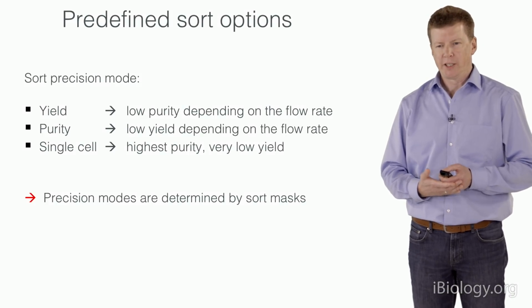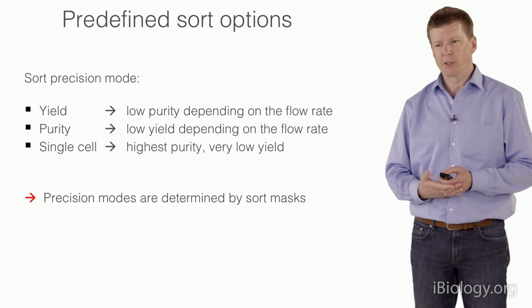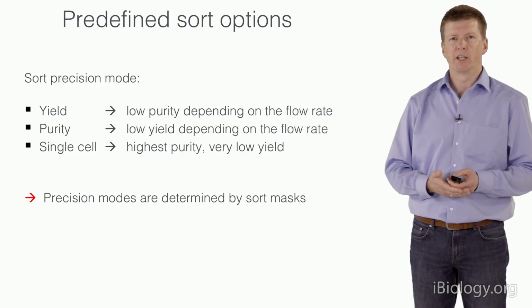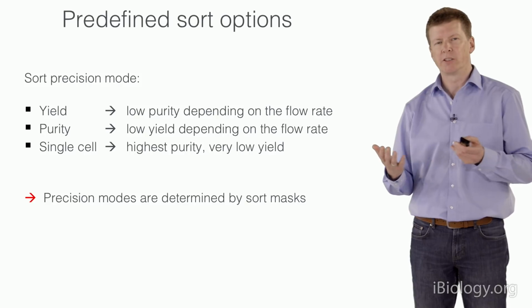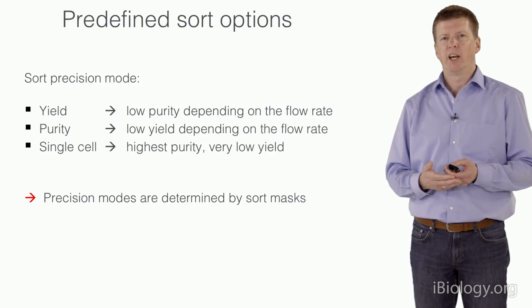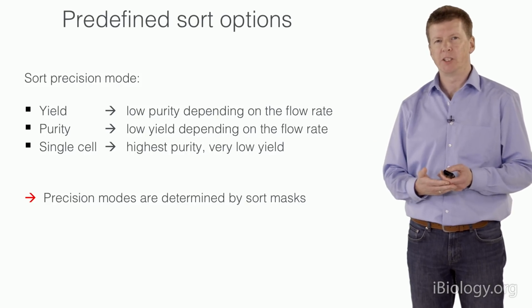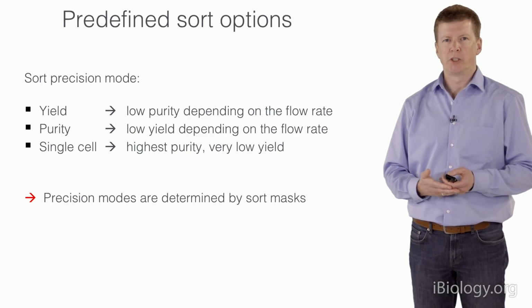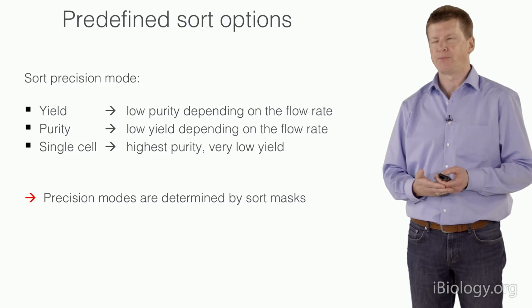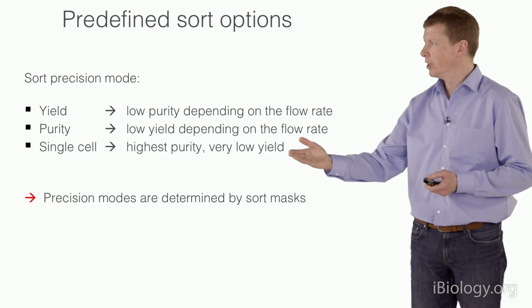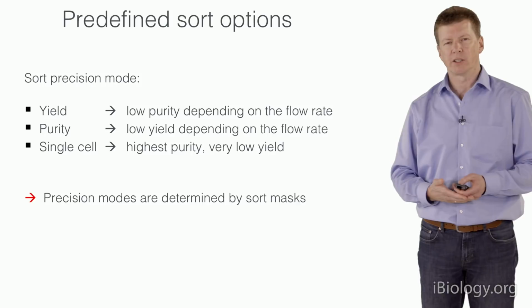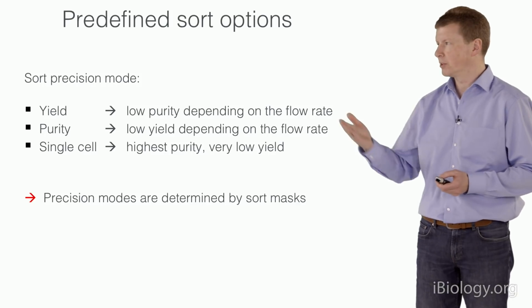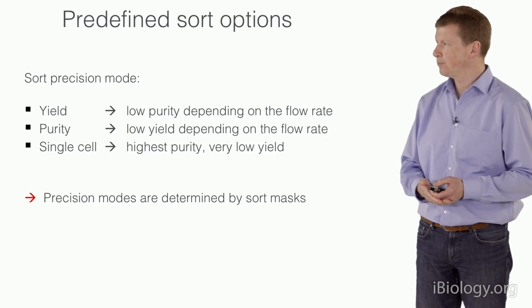Now, it would be very stressful and demanding to find always a good compromise between this yield, time, and purity. And therefore, the machines are giving us already predefined options to choose, which are the so-called sort precision modes. And they are coming here in 3 different flavors. Of course, there are more, but I'm just introducing these 3 to you.